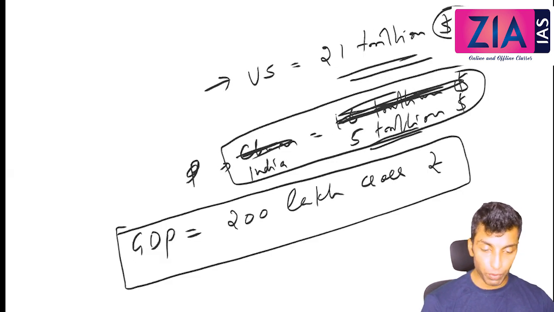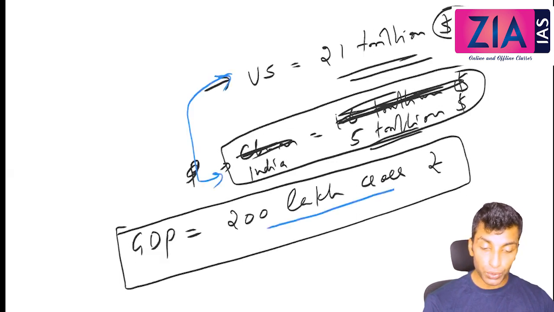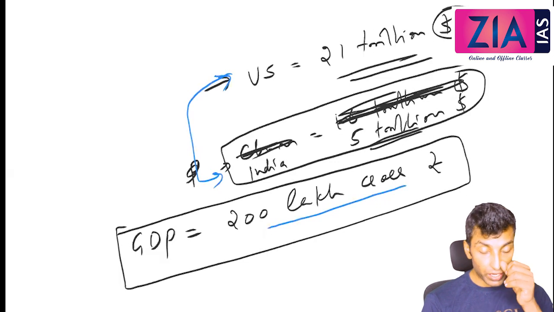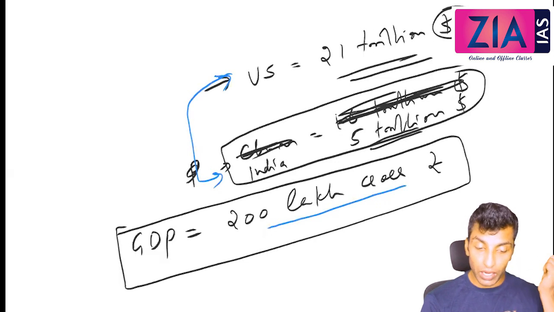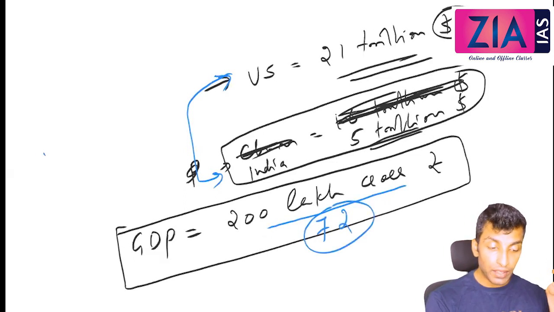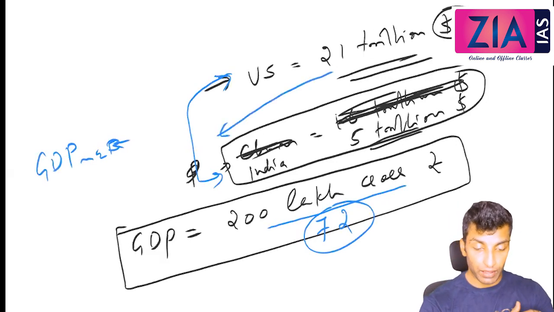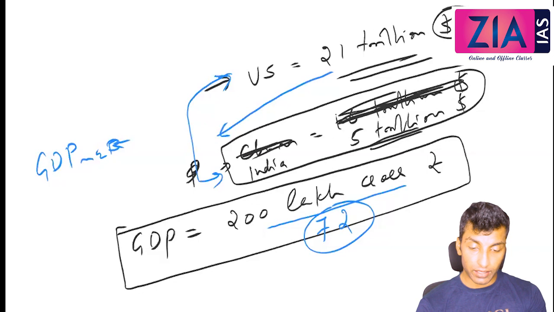Then for the comparison purpose, we need to convert this into dollar, right? So how will you convert that? You divide by 72, because the exchange rate of dollar is 72. Then you will get GDP at market exchange rate. When you calculate in that way, it will be very, very less. That is the reason why we are coming so down. You got it? When we calculate at this rate, it will be very low only.